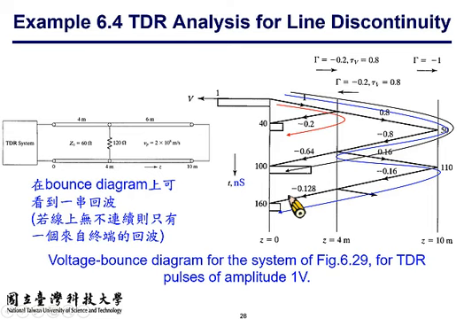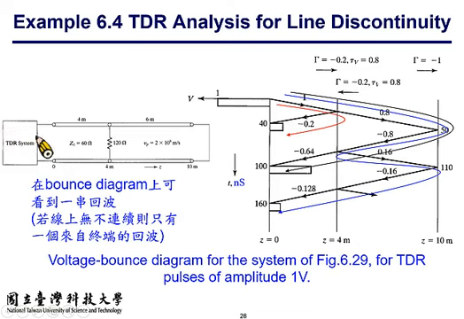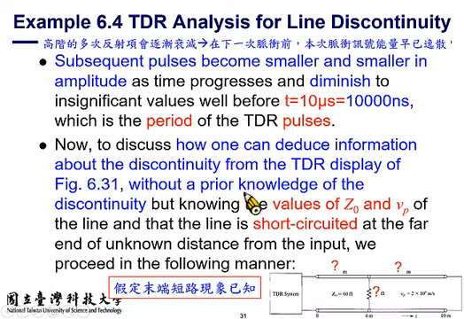And eventually, we can say all the energy injected by the TDR system as the impulse signal shall die out. All right? So as you can see here, the signal will keep becoming smaller and smaller because most of the energy is dissipated in either the shunt resistance of 120 ohms or the matched resistance of 60 ohms within the TDR system.